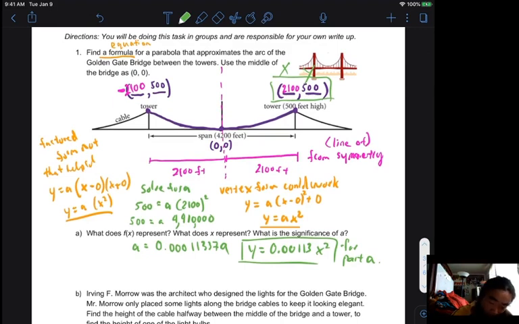I guess we should fix that. f of x equals height, and then x represents distance. Distance from, what's it called? It's distance from the middle.